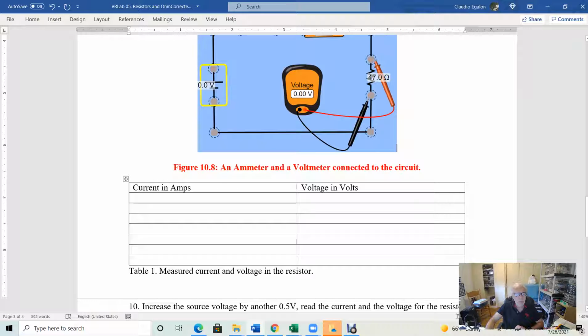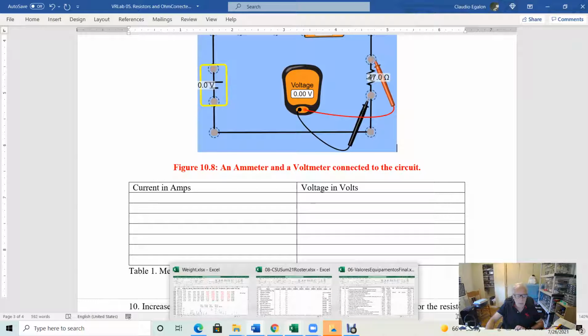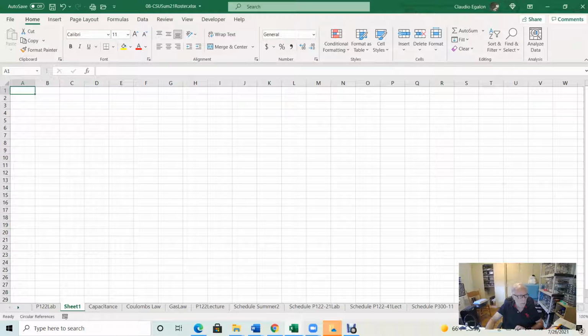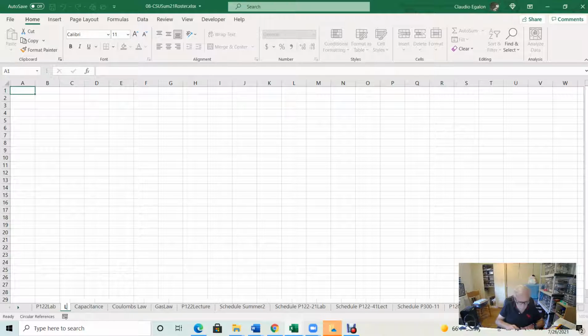Let's do our table. Let's go to our Excel spreadsheet, right? I'm going to create a new spreadsheet here. Rename, and that's going to be number 5, Lab 5. Resistance. We'll put Ohm's law.